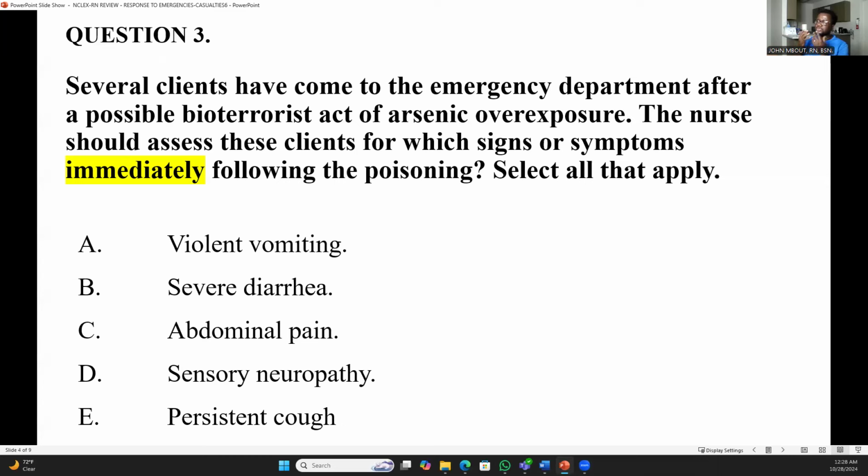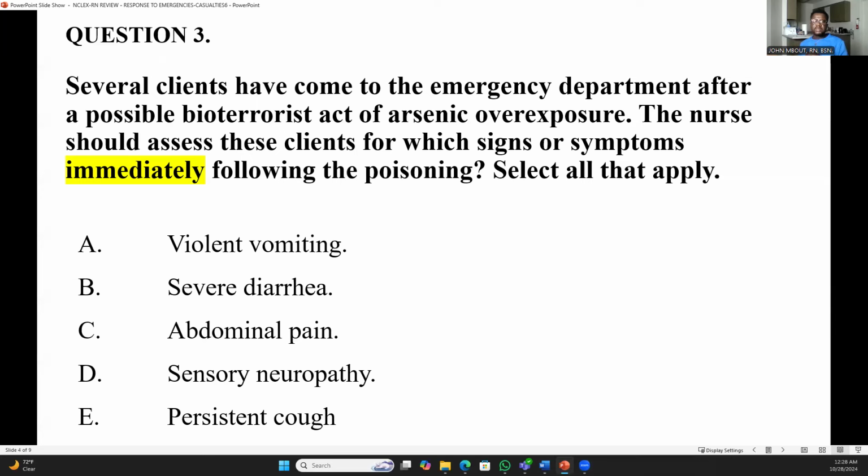They will be checking to see if they can find these chemicals on your hair and your hands. So when you are first exposed, immediately you will feel these signs and symptoms: violent vomiting, severe diarrhea, abdominal pain. But sensory neuropathy comes in after the acute phase.